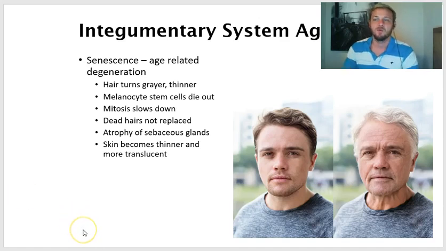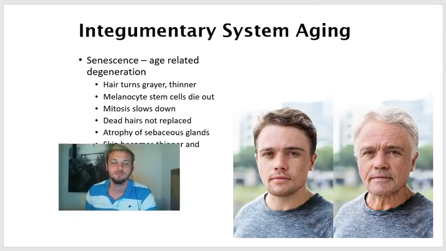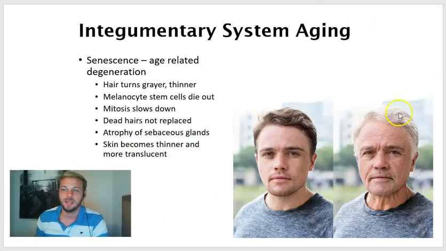So, what happens to our skin as we get old? Well, the hair turns color, so the melanocytes that are here producing this melanin actually die. Those stem cells die out, and so you're no longer producing melanin. Mitosis slows down, and so the number of skin cells you're making slows down.